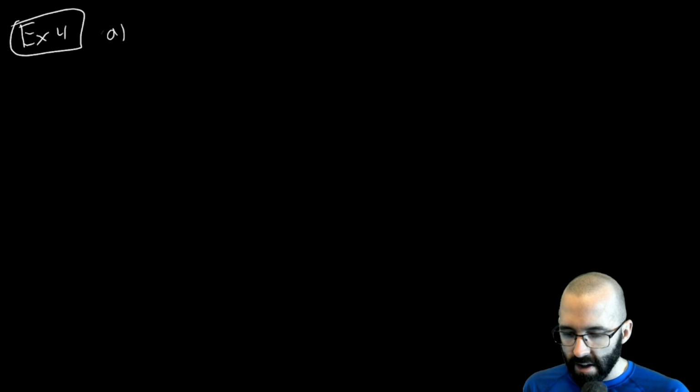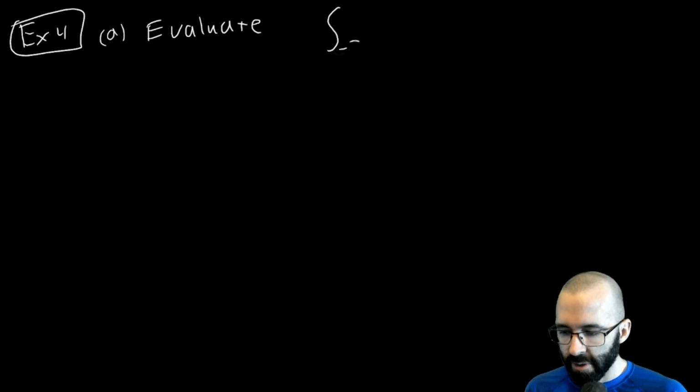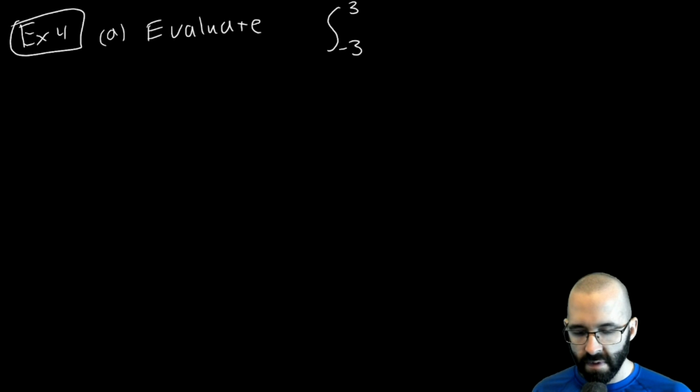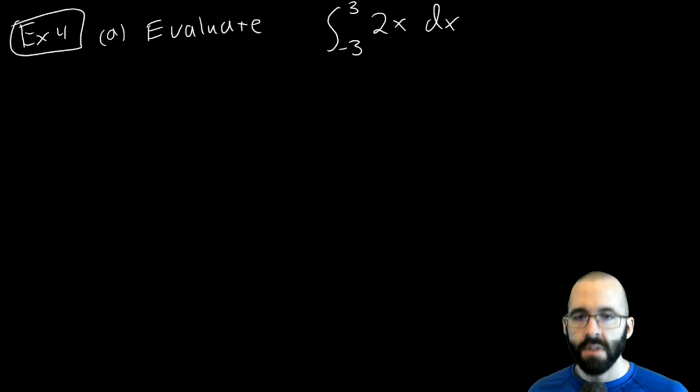All right, here. Part A, I'm going to have you evaluate the integral from -3 to 3, 2x dx. So we're going to do this graphically because we only have 2 ways of doing this.